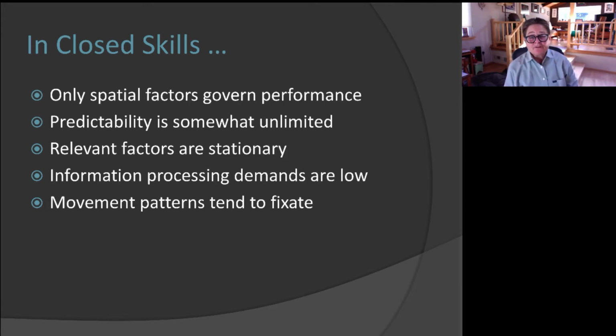The relevant factors in the environment are stationary. We certainly define that. And the information processing demands are quite low because essentially I could pre-program this information and then just let it run off once I get the stimulus to begin, or at any point when I decide to begin that movement.